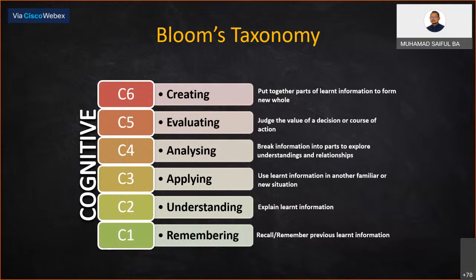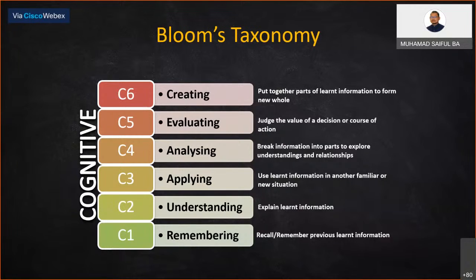And then C5, evaluating, means the student makes a judgment about value, and it translates into a course of action. So they judge and make a decision about something.